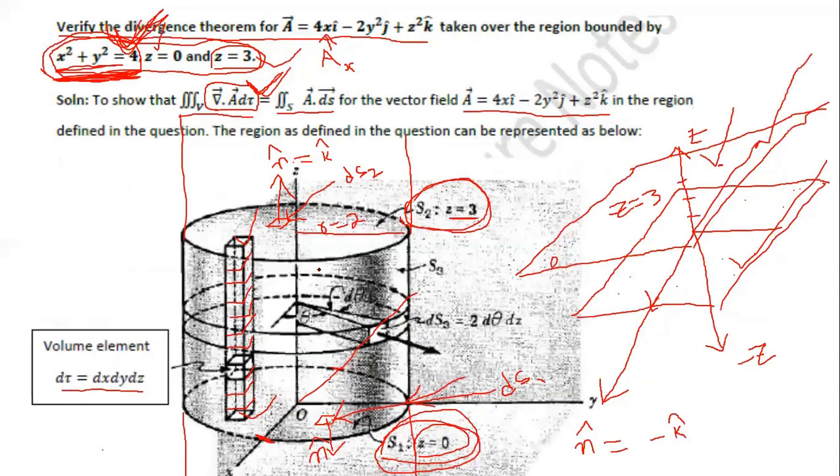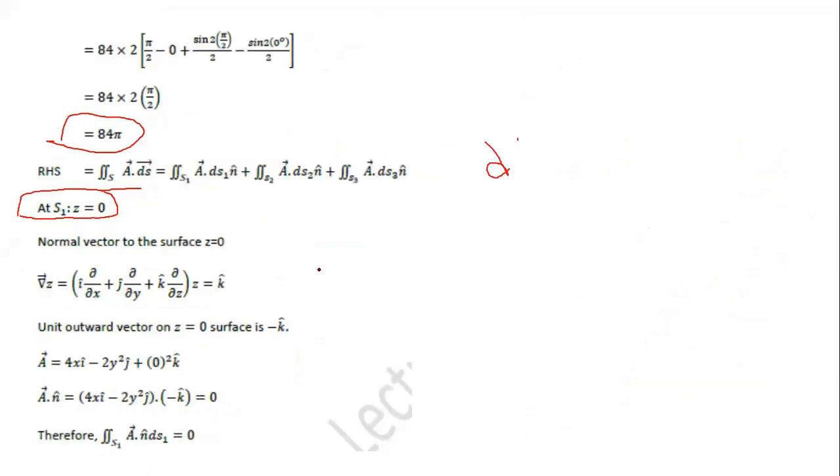What I was trying to tell you is that any surface can be represented by an equation like this: phi equal to constant c, where phi can be a function of x, y, and z.